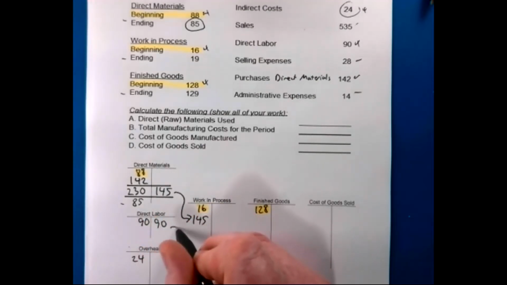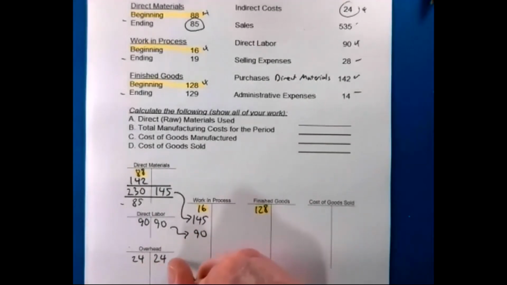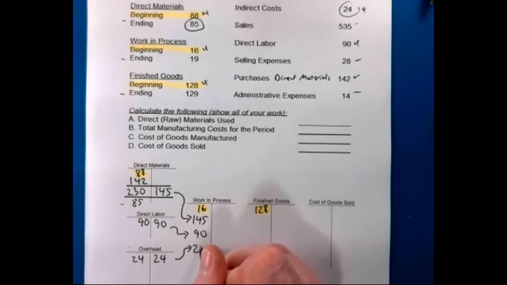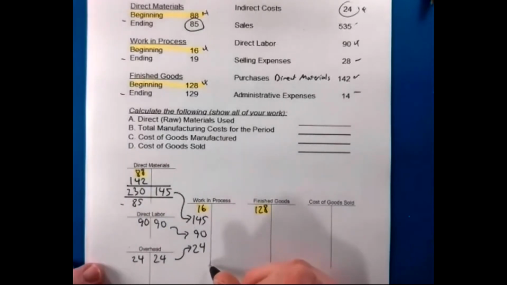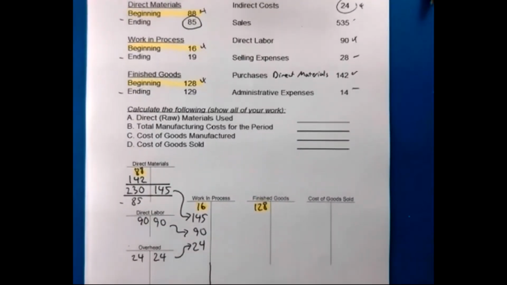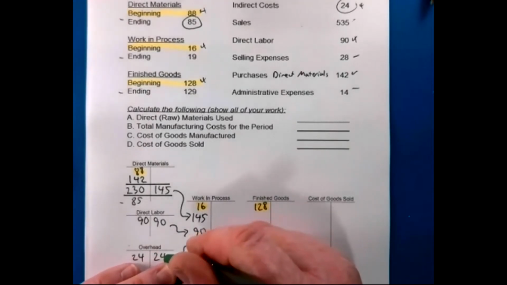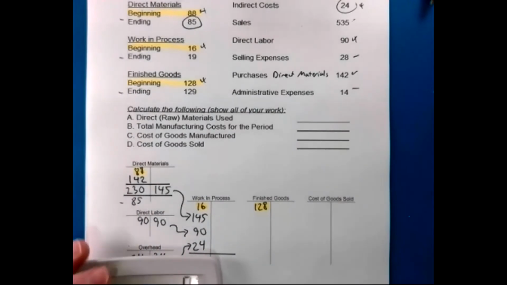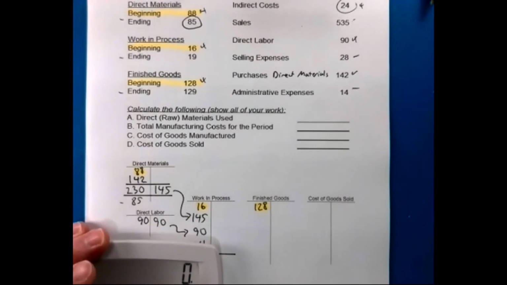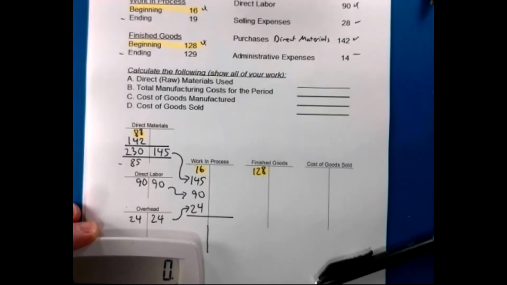Direct labor. Overhead. All right. Hey, what happened? Okay, so 16.